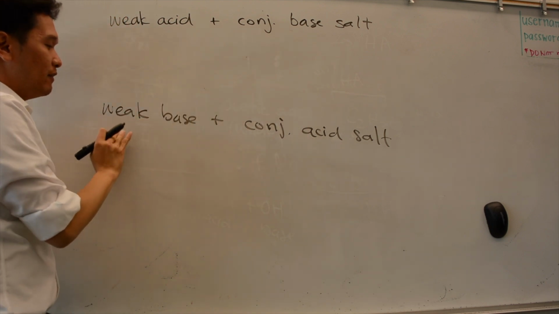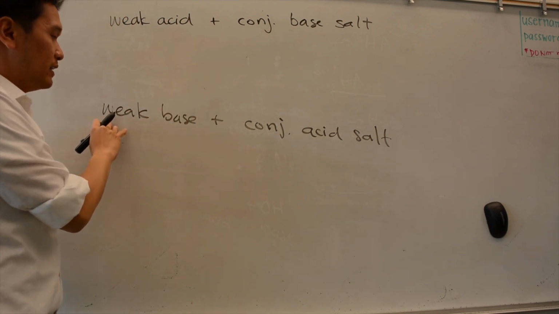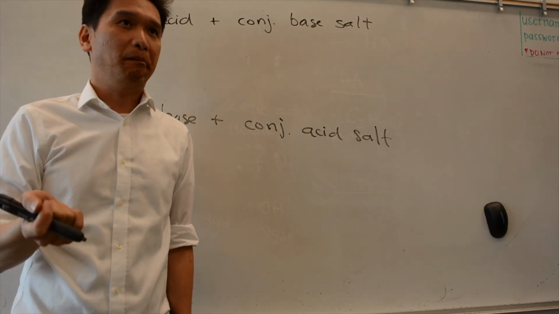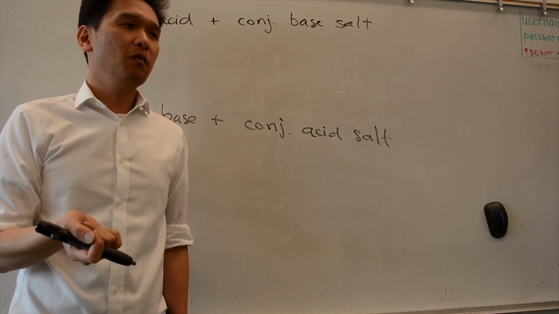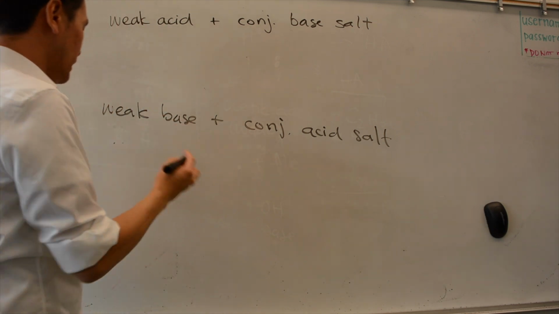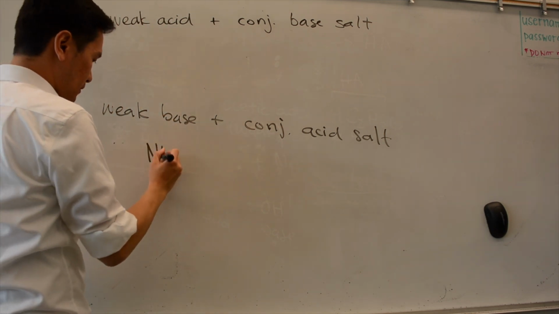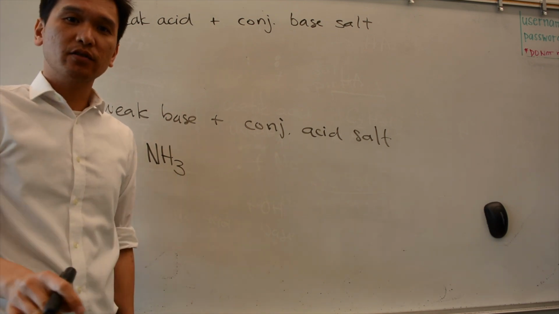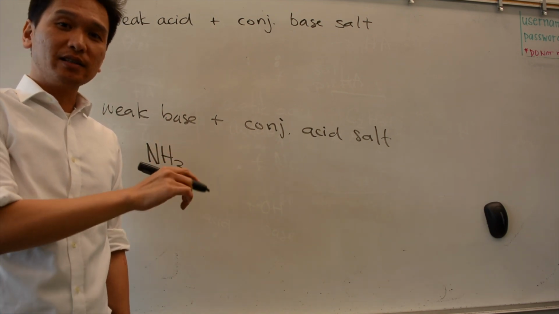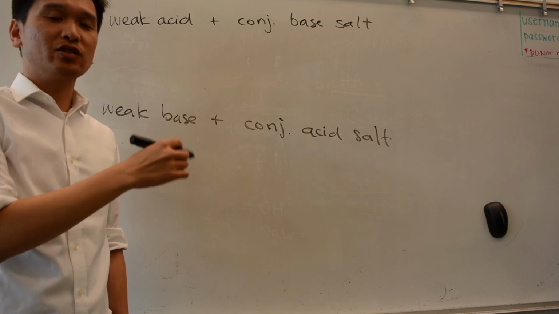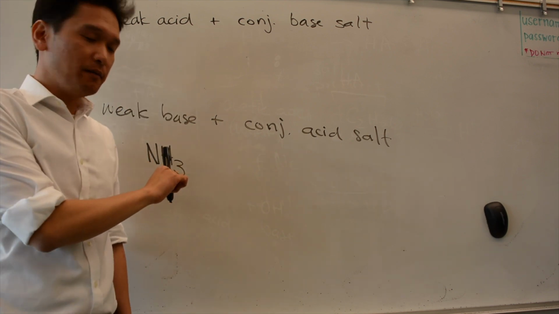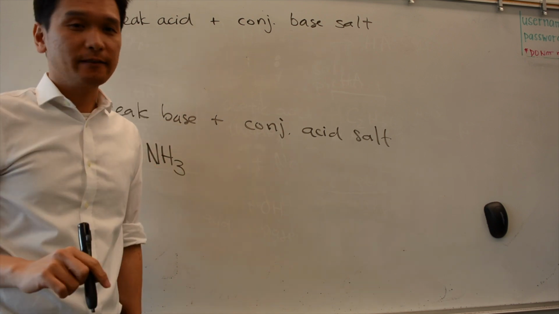Now let's try to think of how do we make one that is from a weak base. So what's one weak base that you know off the top of your head? One easy one I know is ammonia. Okay, ammonia is a weak base, not a strong base. Basically, any hydroxide, OH, is a strong base, like sodium hydroxide, potassium hydroxide. Whereas anything else that is a base is a weak base.